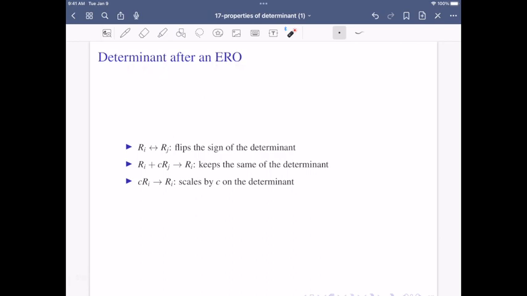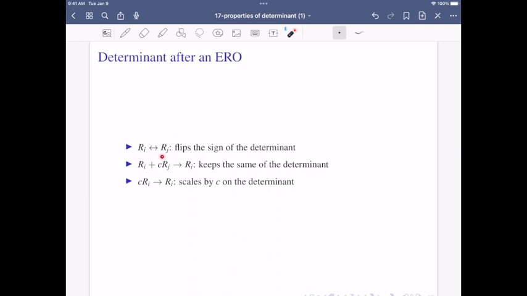Determinant after an ERO. So we learned 3 types of EROs at the beginning of the semester. After an ERO is applied, it will change the matrix, and it may also change the determinant. Then how does one ERO change the determinant? This is summarized here.